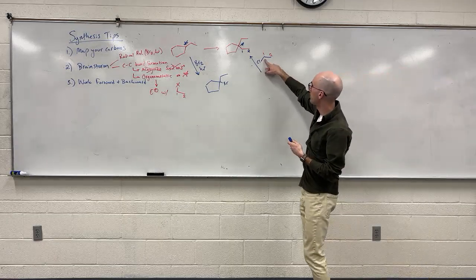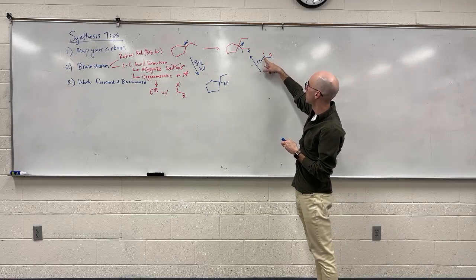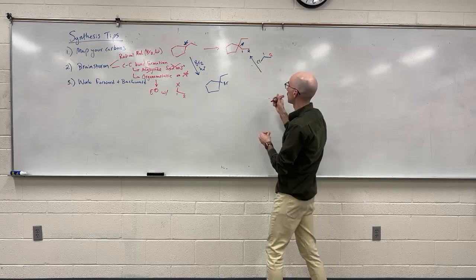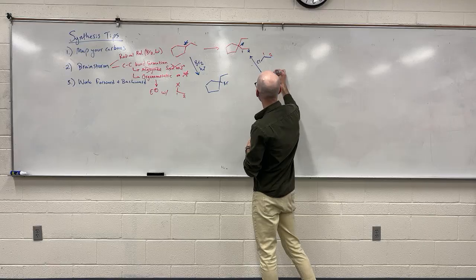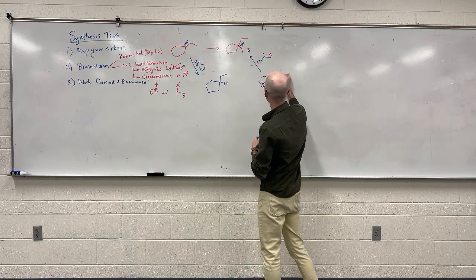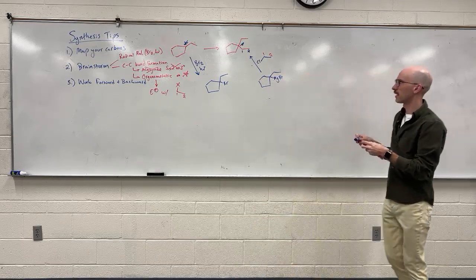So if carbon 1 can be attacked, now I have a new bond. That means that my starred carbon has to be the reagent that attacks, has to be my nucleophile.